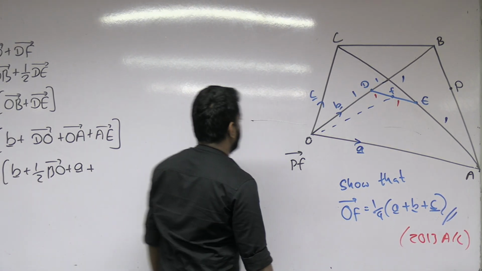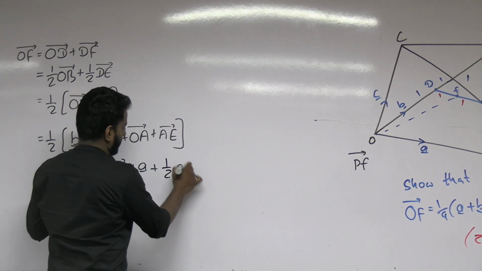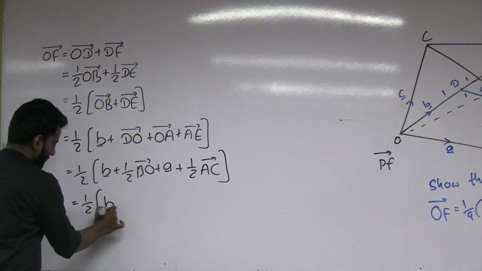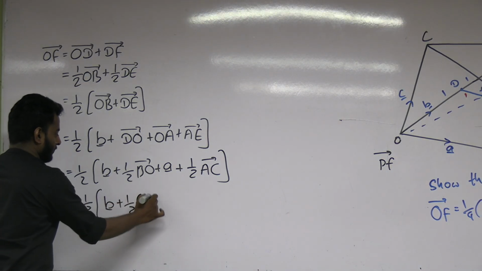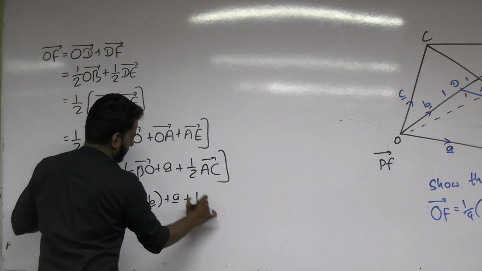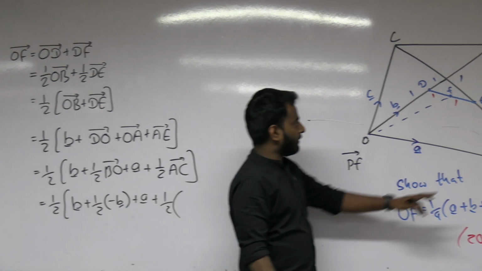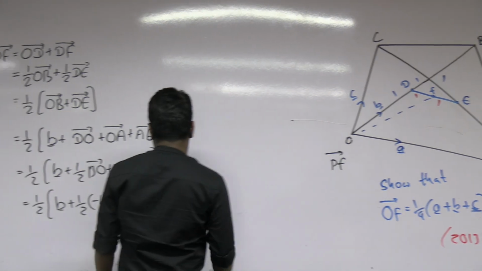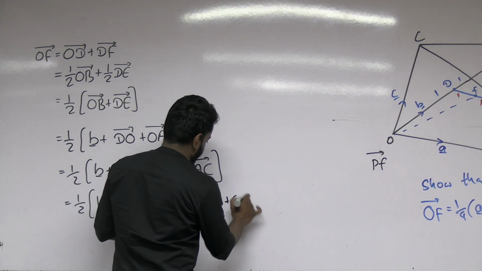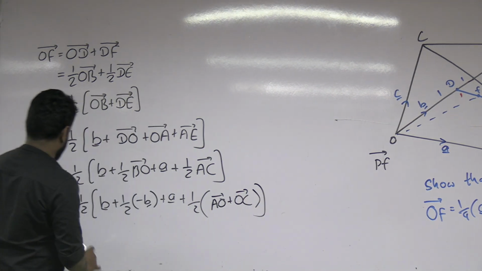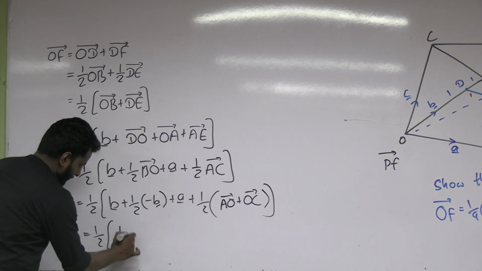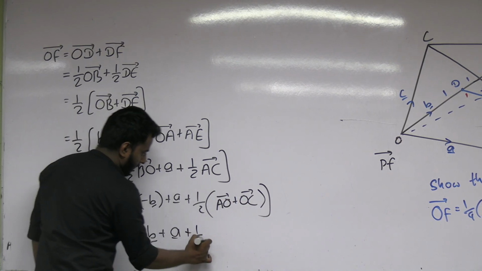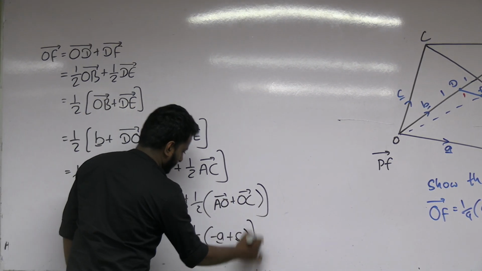So AE is equal to half AC. Right. Now simplify this. Half into B plus half BO, which is minus B, plus A plus half AC. We can write AC as AO plus OC. This is half B minus half B, and this is A plus half of (minus A plus C).